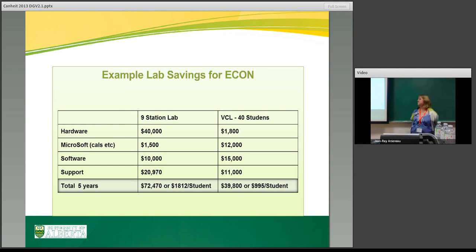Right. And so I wanted to lay out how we're achieving these numbers and what we have in place to host the VCL service. We have 8 nodes, and out of those 8 nodes, one is a management node. So we have 7 nodes effectively that provide roughly 200 cores for your virtual machines. And the interesting thing about VCL is that it's kind of stateless, so the VMs don't have to persist.